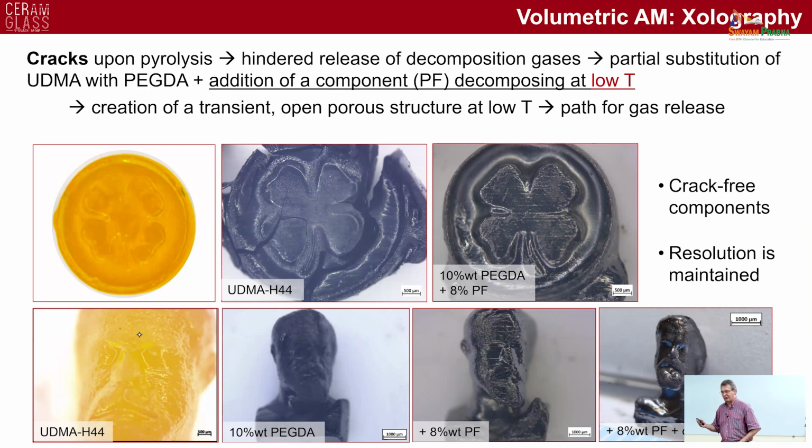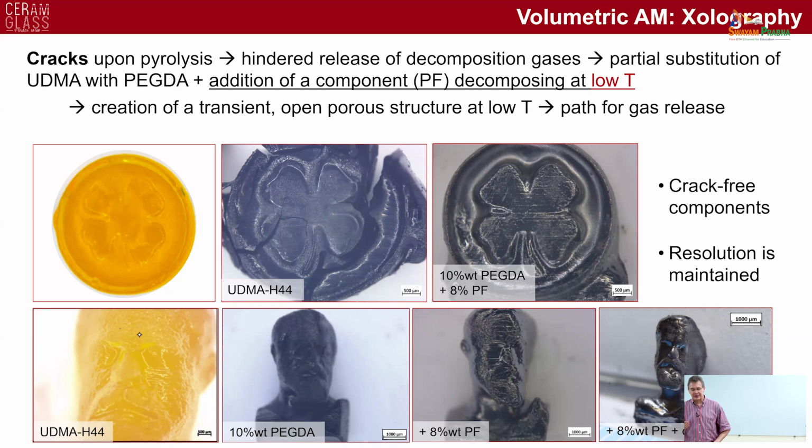We tried, of course, to control the heating rate, but beyond that we were not able to solve the problem until we decided to use some additives that have the purpose of generating transient porosity.